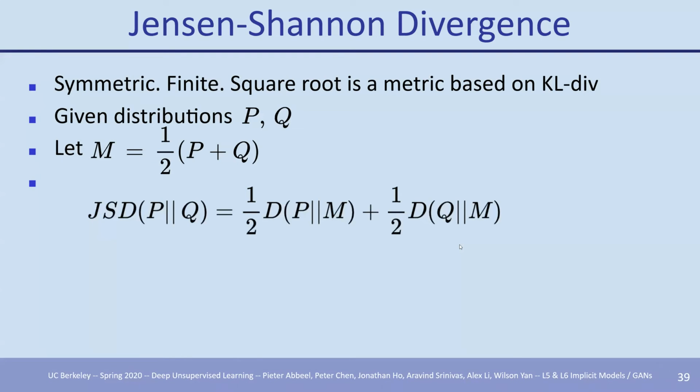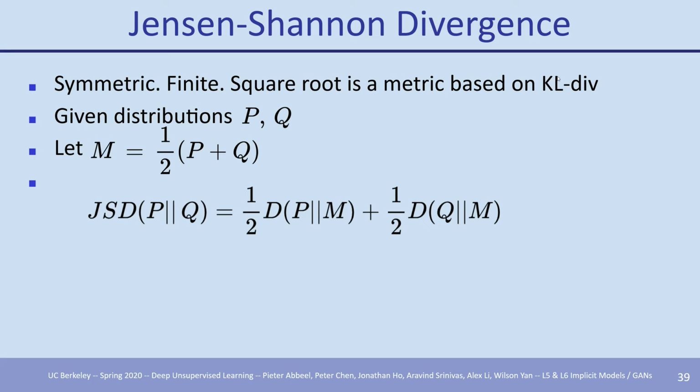So I have a slide here. In the lecture, they assume that you know what Jensen-Shannon divergence is, so this is a quick slide on that. Jensen-Shannon divergence is symmetric. It's finite, so you can take the square root of it, and it can be used as a metric.